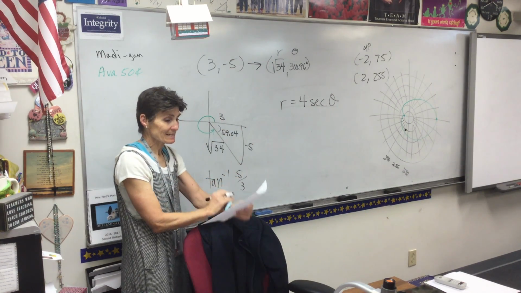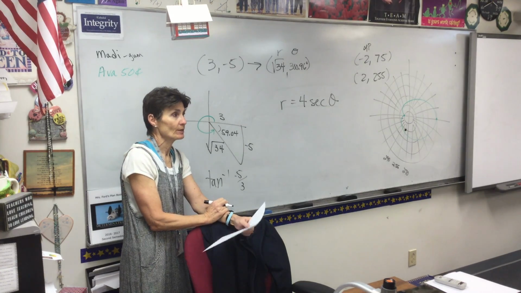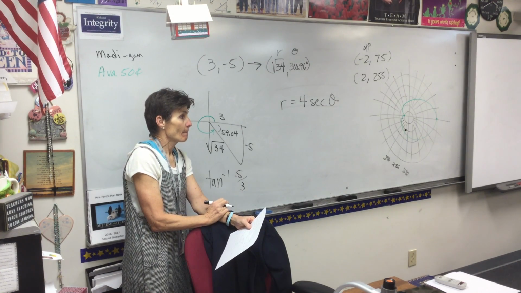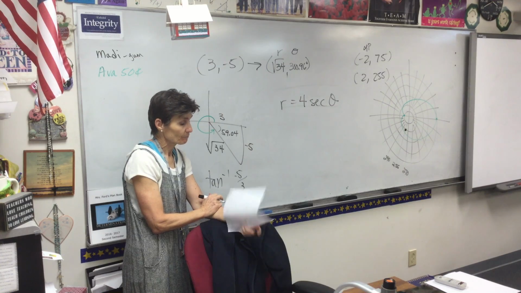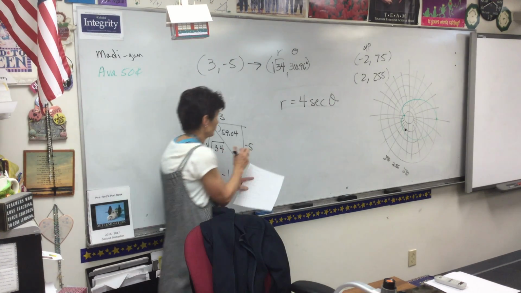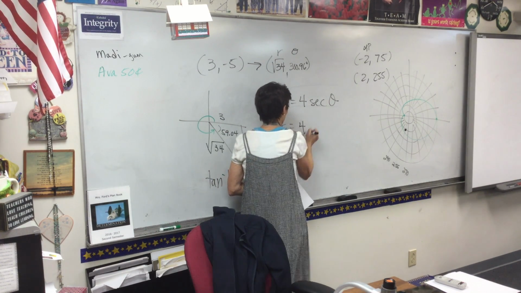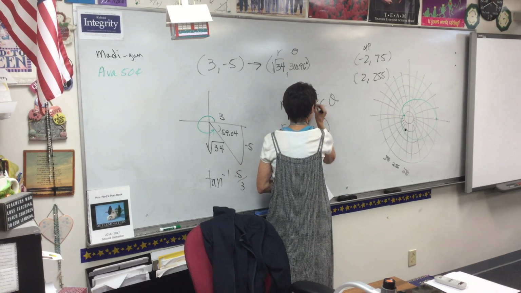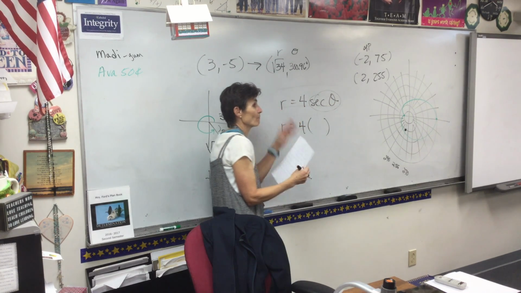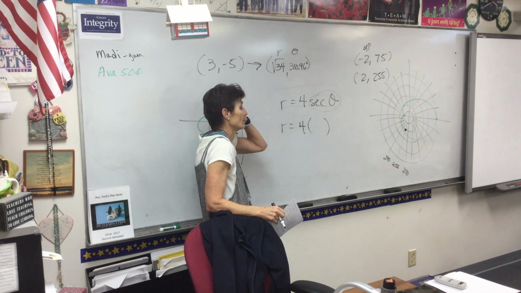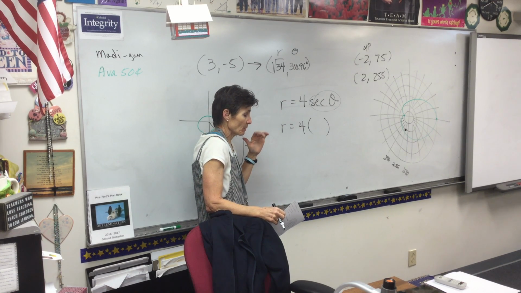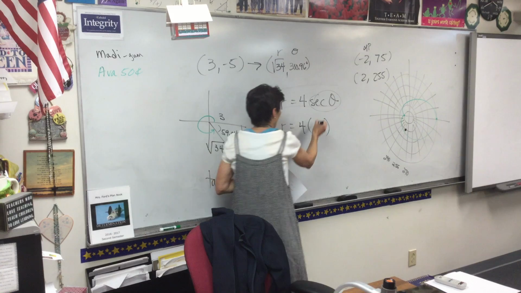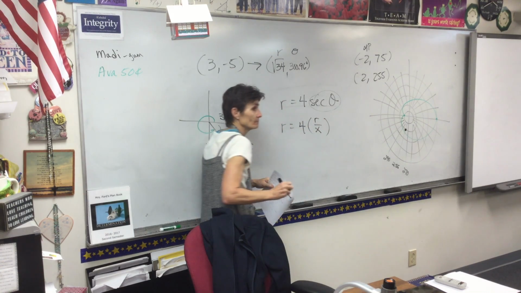Now I'm writing this as a rectangular equation. What do you think? So I've got to first of all replace this with its fraction definition. So secant, reciprocal of cosine, so r over x.